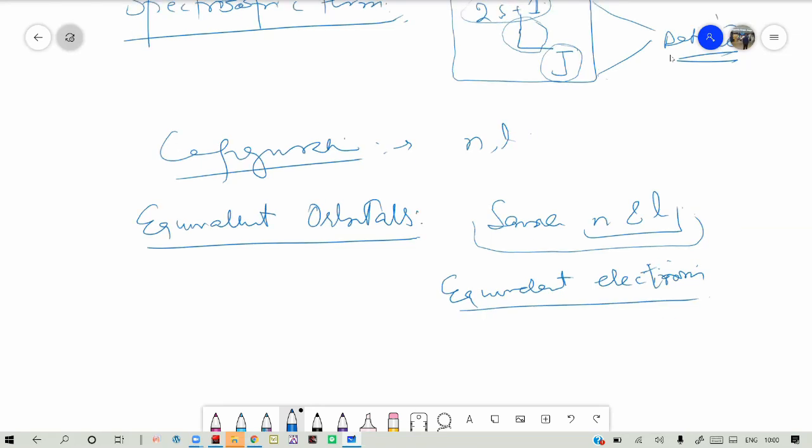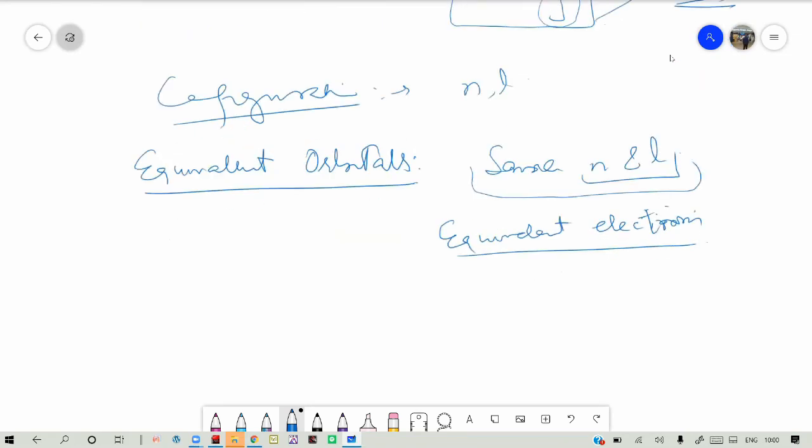For example, 3p2. Here for these 2 electrons, your N is 3, your L is 1. These 2 electrons are called equivalent electrons.